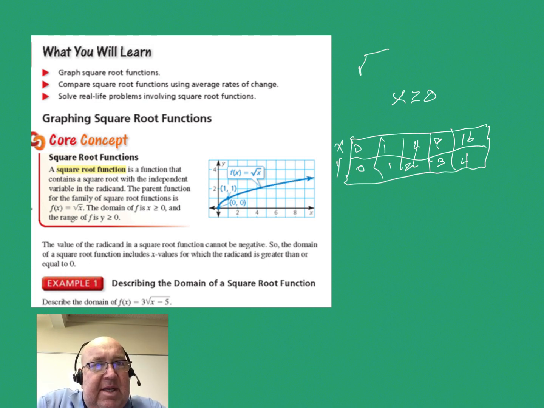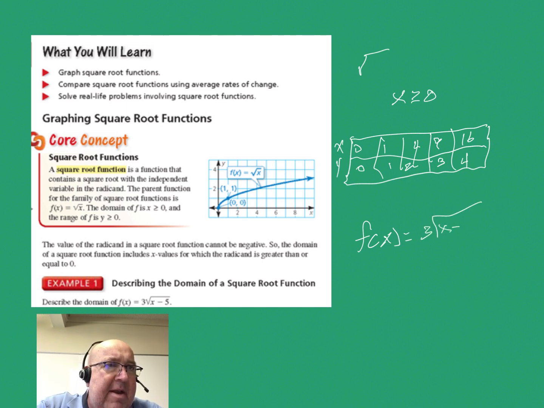So we want to look at the domain of the square root function f of x is equal to 3 square root x minus 5. Okay, so what's going to happen with this minus 5 in here? The graph that we see is going to shift 5 units to the right.